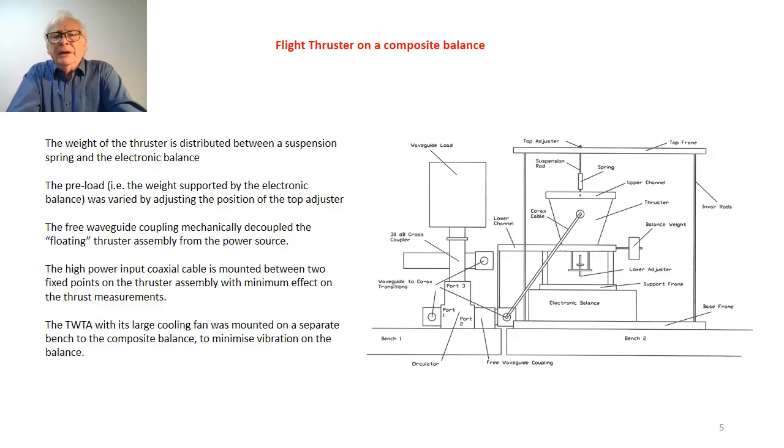Now, between the floating side of the waveguide coupling, there is the input cable, and this is a fixed coaxial cable, and indeed provides one of the main thermal elements of the whole setup. That cable can get quite hot under full power operation.